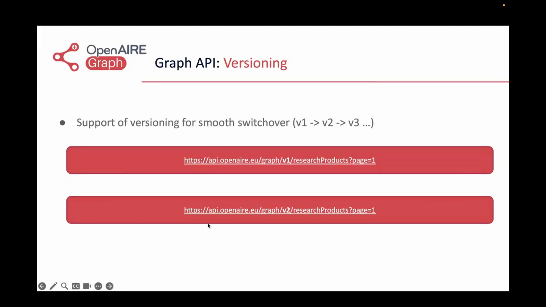Our endpoints support versioning. Every time we make some changes, update the existing models, or introduce a new endpoint or new data models, all this will be done in a new version.